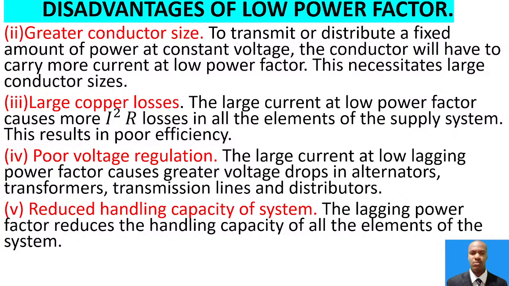Number four, the voltage drops in the transmission line decrease, which results in a better voltage regulation. Number five, there is increase in efficiency of power generating plants. The last advantage is that the overall cost of electricity per unit decreases.